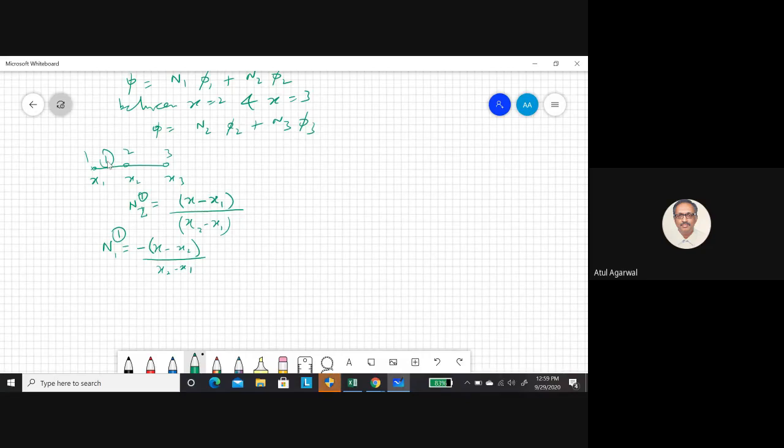Similarly, shape function for node 2 has a value 0 at node 1 and 1 at node 2. So you can plot it like this. So N1 has 0 value in this second element.